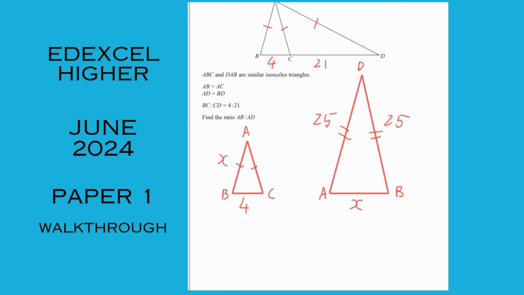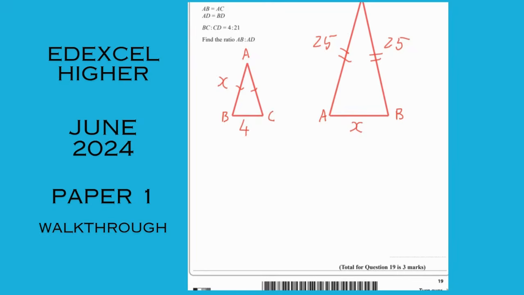reappear there. Now we can set up a nice equation. We can say this big side divided by its corresponding side will be in the same proportion as this big side divided by its corresponding small side.